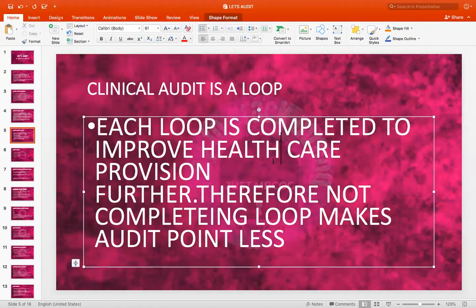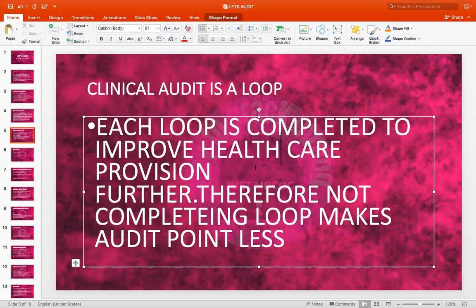As I told you, clinical audit is a loop. If you do not complete it, performing any kind of audit is useless. You get the complete benefit of any audit if you complete that loop. If your junior or your examiner asks why it is so important to complete the loop, it is to improve the healthcare provision further.